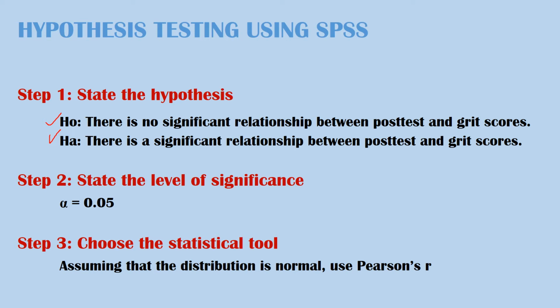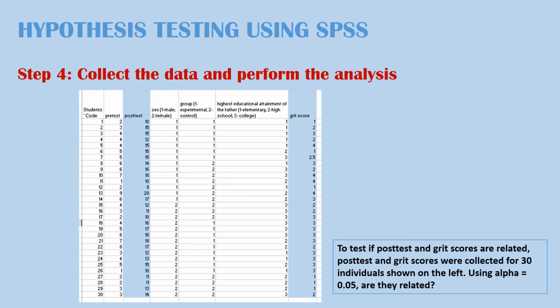Step 2. In step 2, we state the level of significance. At this point, we set our alpha to be 0.05 or 5%. Step 3, we choose our statistical tool and we use Pearson's R, assuming that all assumptions are met. In step 4, we collect the data and perform the analysis.